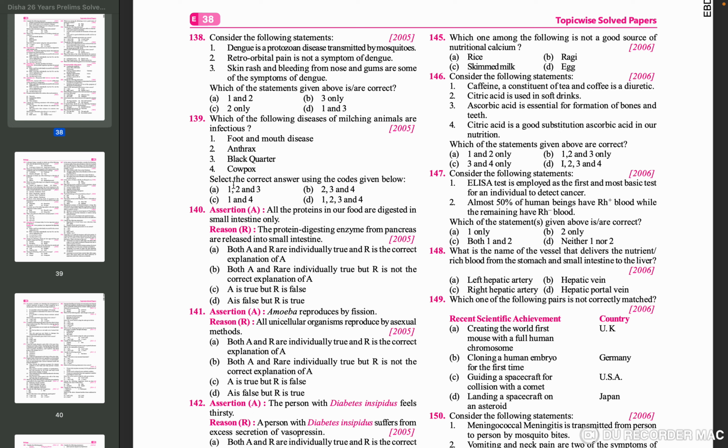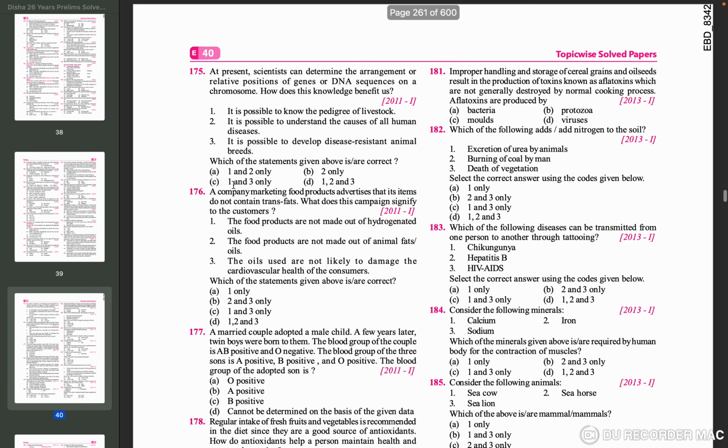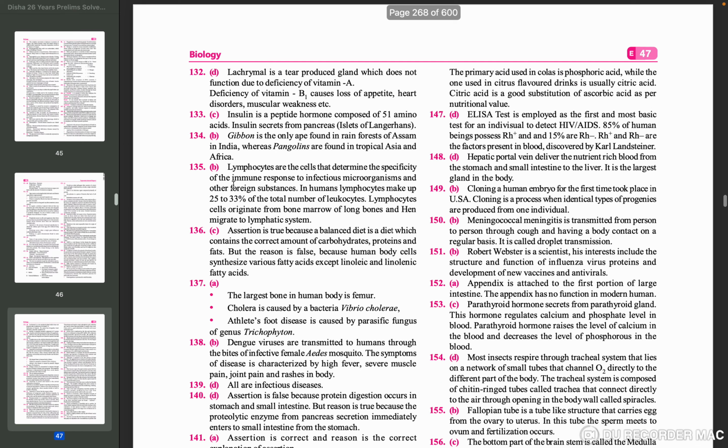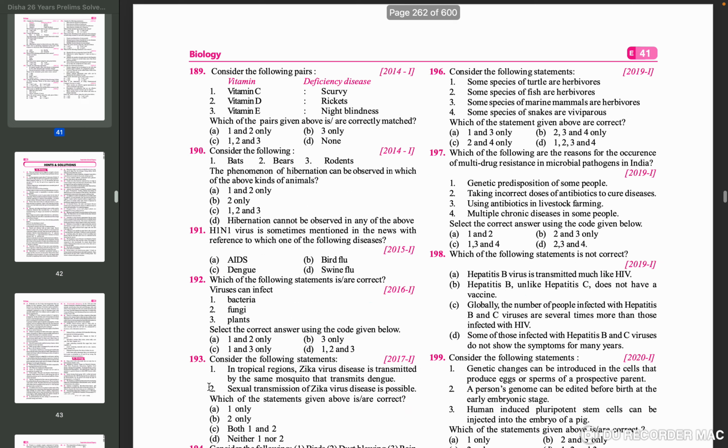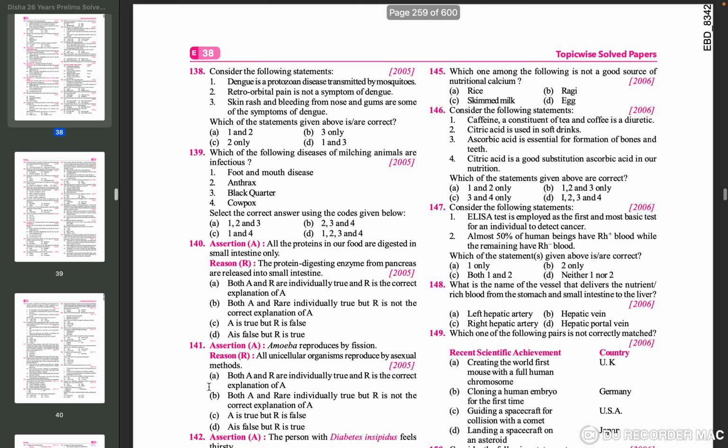Anthrax also, I think the answer can be spread. I have read somewhere about anthrax in cows. Let me check the answer. So D, all are there. Okay, so I was correct. All of them are spread.